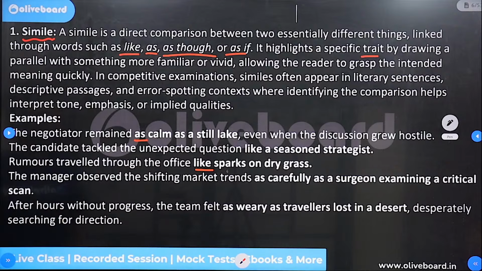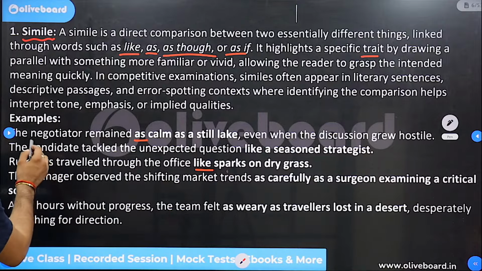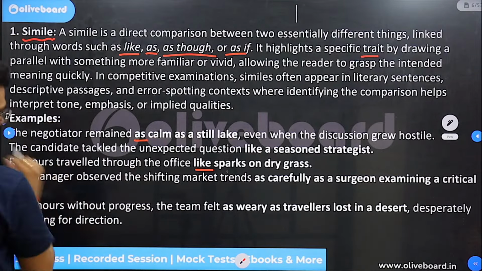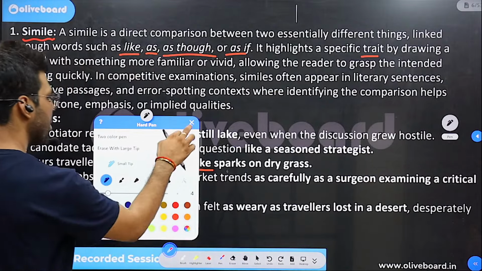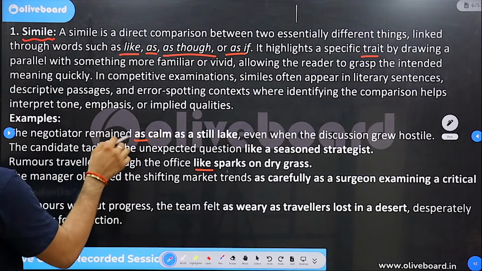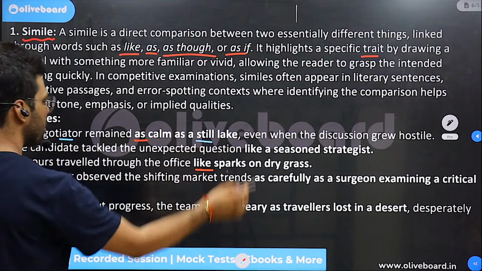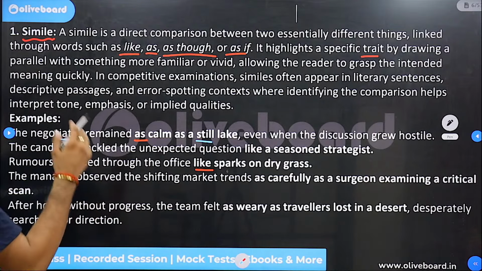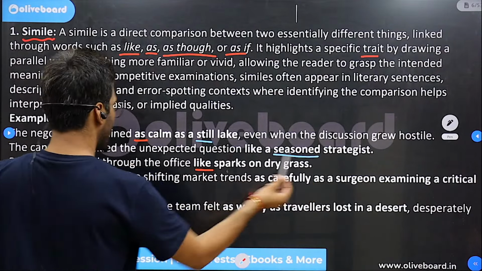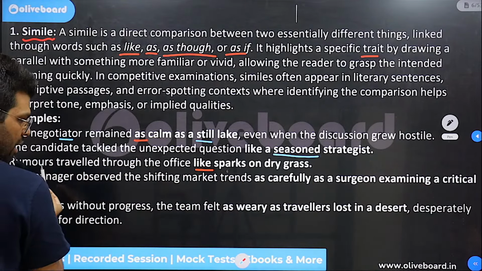You can have the examples. He remained as calm as a lake. Now, that has to be a human being, a person. A lake is not a human being. We are comparing them, showing similarities with the help of as. That is a simile. The candidate tackled the question like a strategist, seasoned, experienced, but that was a candidate.